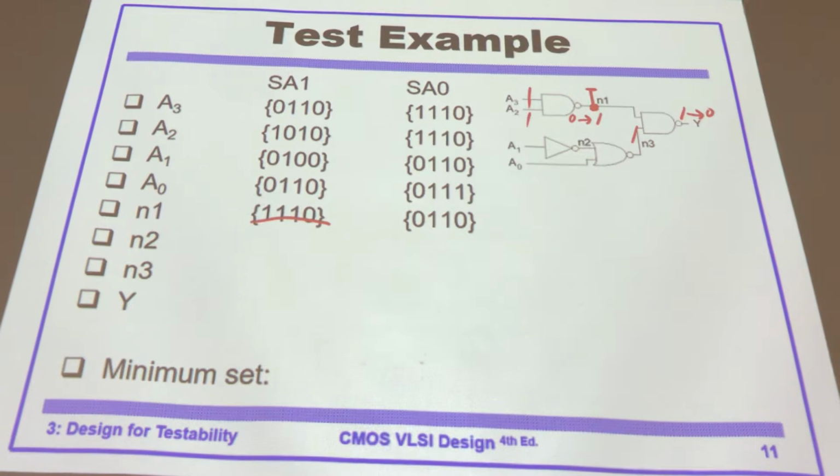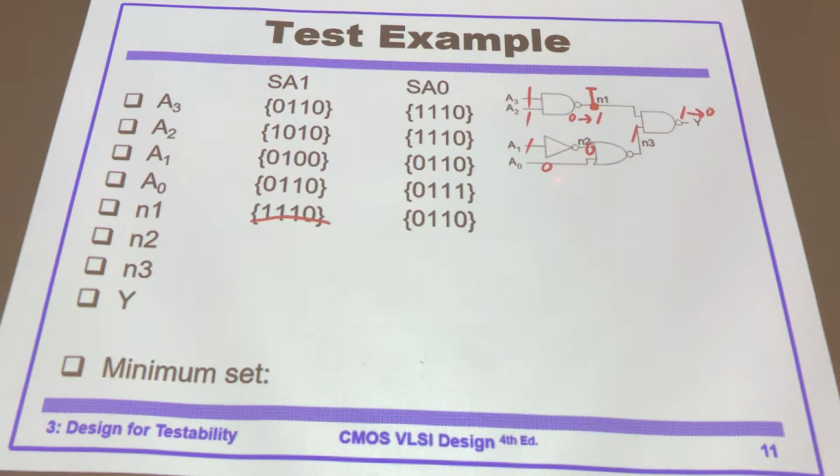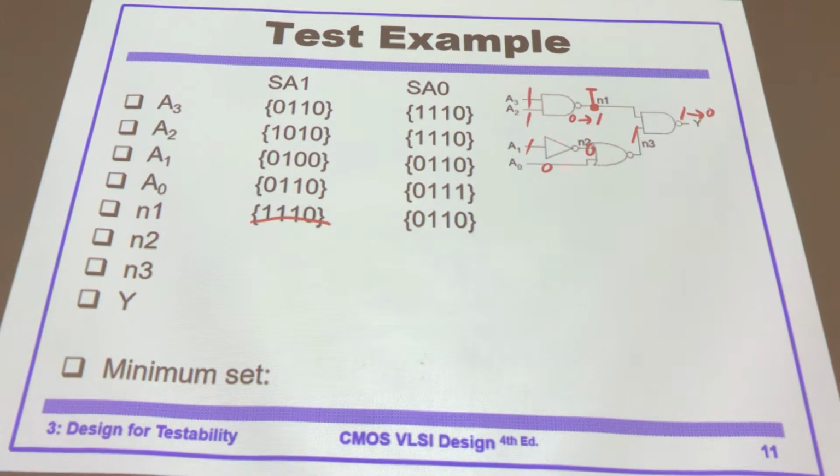Then this has to be 0, this has to be 0, this has to be 1, right? You want to get 1 here. The input for a NOR gate must be 0, 0. Then it must be 1. So 1, 1, 1, 0 is the input pattern to test stuck at 1 at N1.